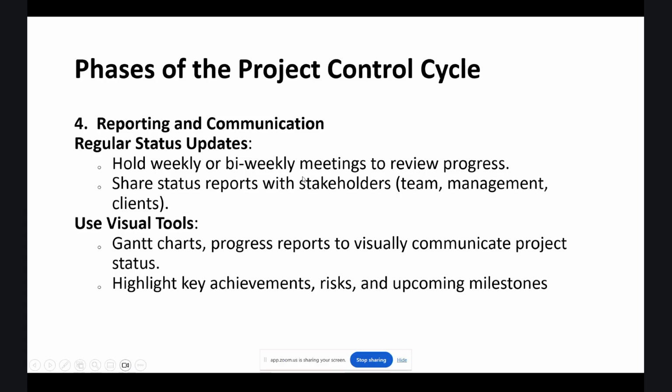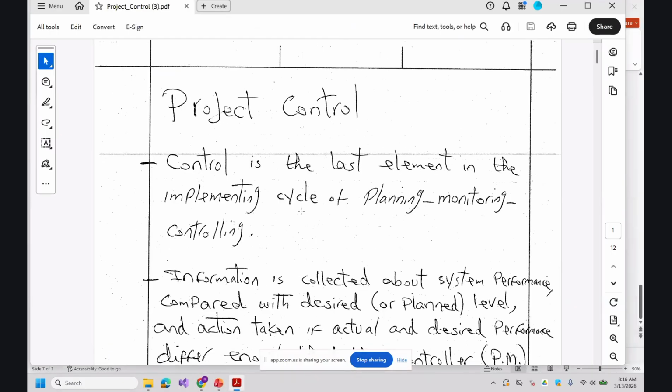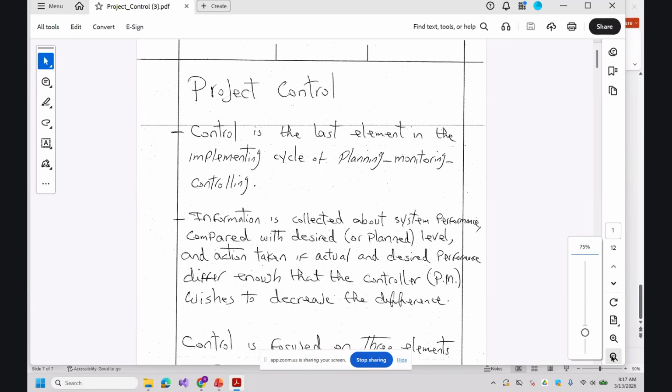Any question on this? So this is basically what I gave you as an overview, but now I would like to go through my own notes and give you similar concepts in more detail to understand what project control is. Any questions?